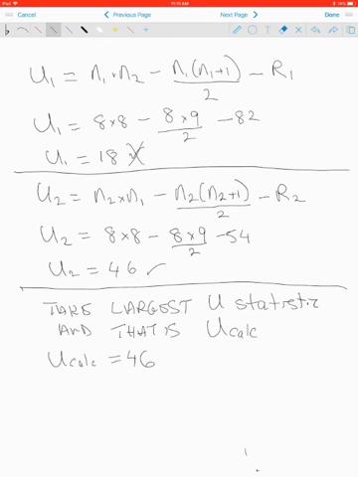And so what we really want to know now is this: if those fungi are the same, remember our null hypothesis was that the size of the bracket fungi was the same in the two forests. If that's true, is this an unusually large U statistic? If it's unusually large, you want to reject the null hypothesis. And so what we need to do now, not surprisingly, is refer to the Mann-Whitney U tables.